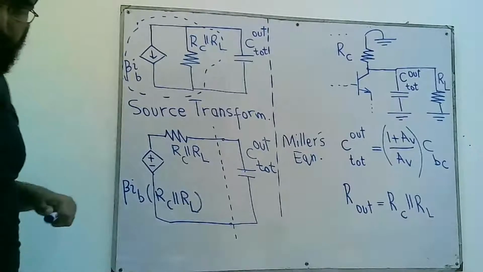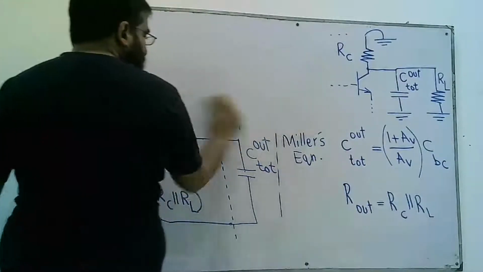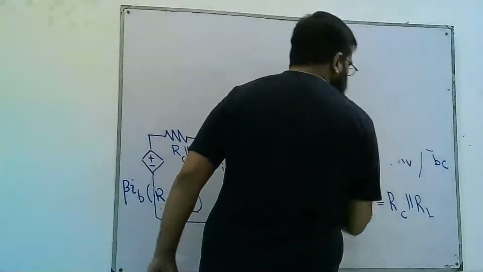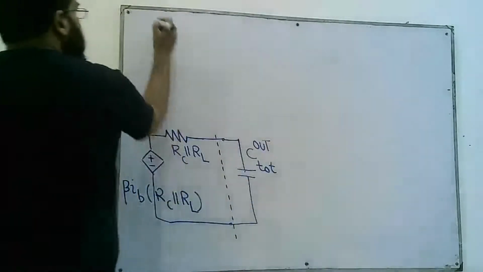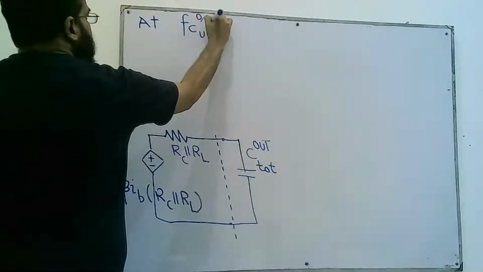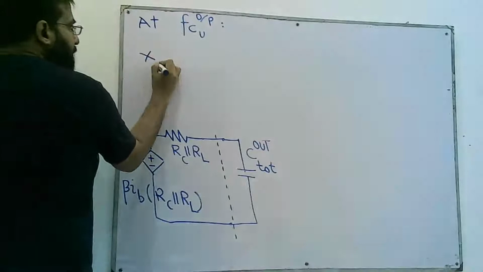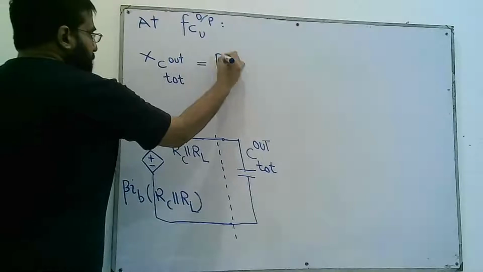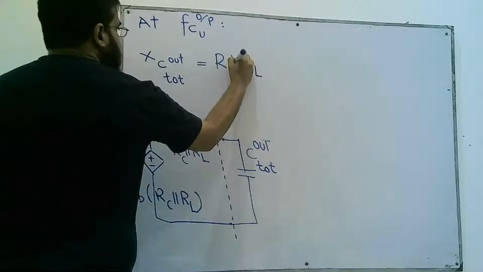So now it becomes a low pass filter, and we have studied that at FC upper, what happens is this XC becomes equal to the resistor in series, RC in parallel with RL.